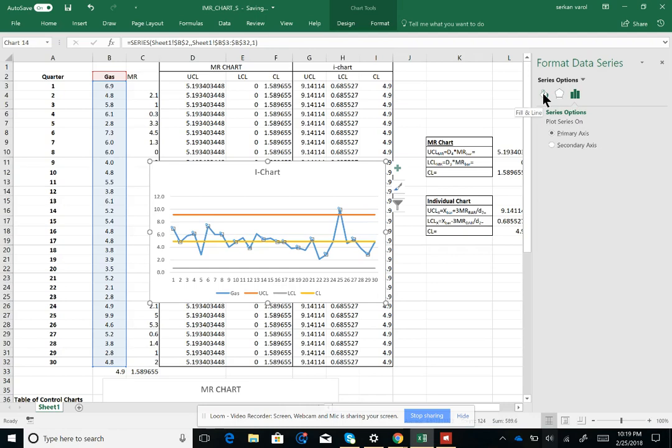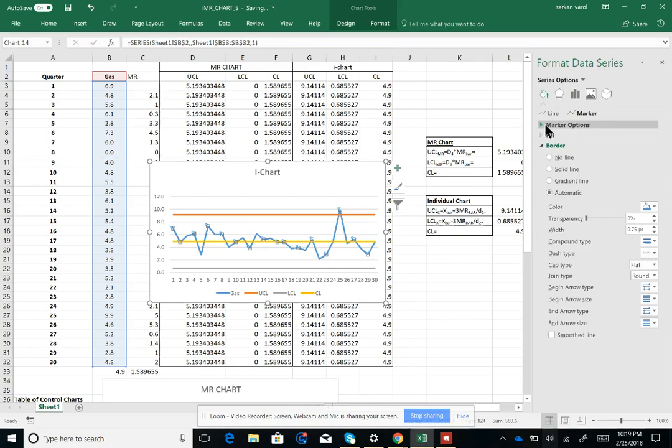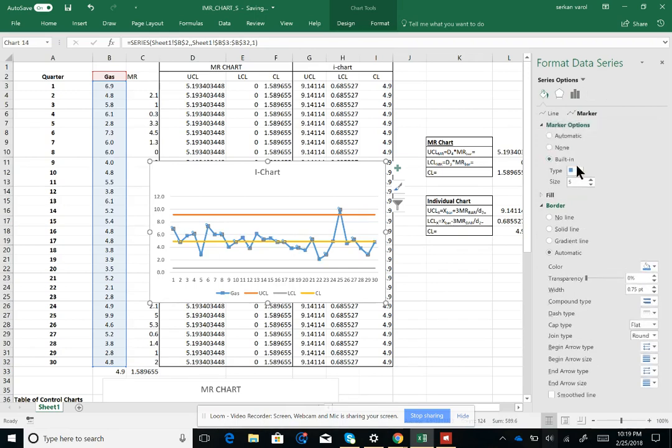Click on the first box here, which is Fill and Line. Then go to Marker, Marker Options, go to Built-in. Again, you can select whatever you like. Then change the size. If you like, you can change the color, and you can even play with the compound type and all other fancy things. But I think that's enough.